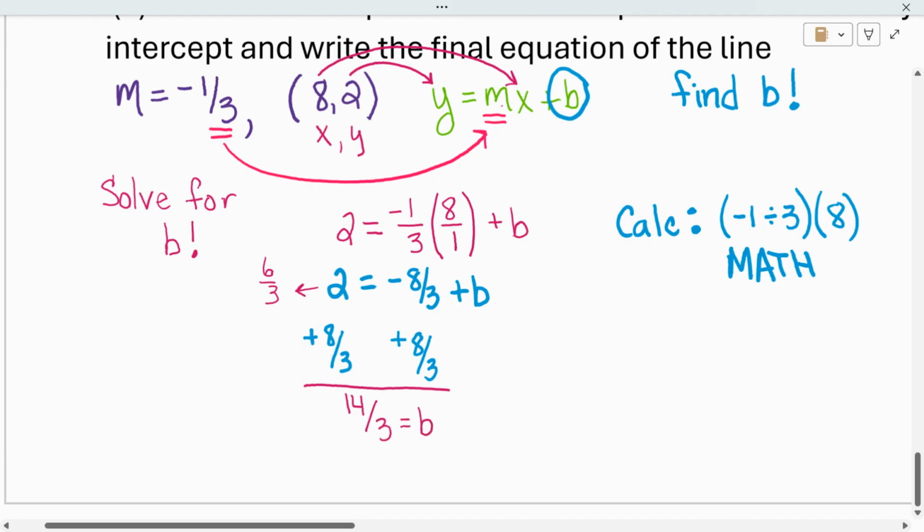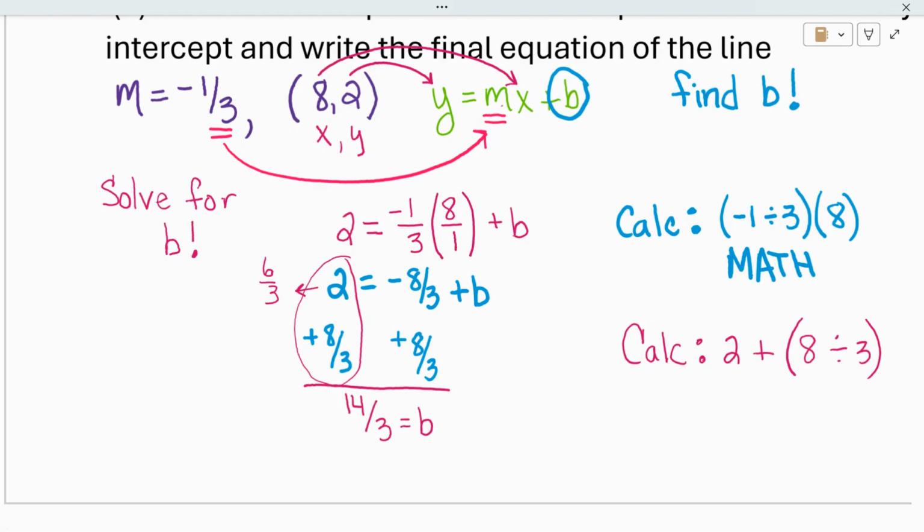But you may have forgotten how to add fractions. So we're going to go to our calculator. And what 2 things are we adding together? We're adding the whole number 2 plus the fraction, parenthesis 8 divided by 3. Please put that into your calculator. The whole number 2 plus the fraction, 8 divided by 3.